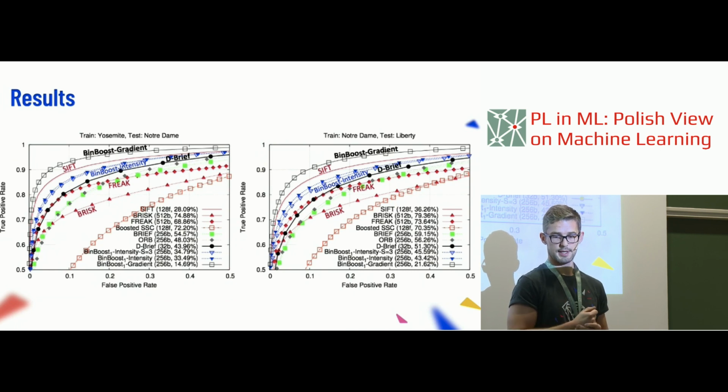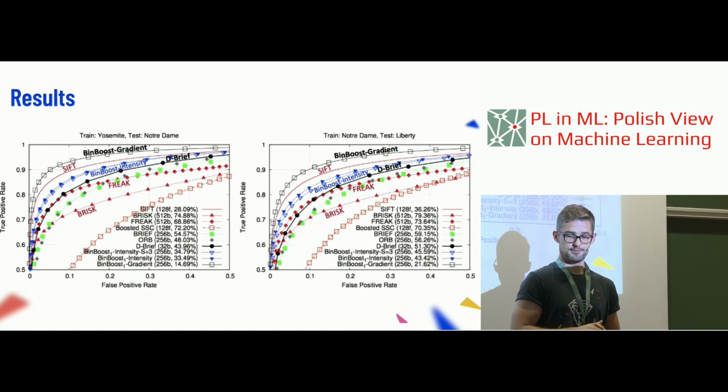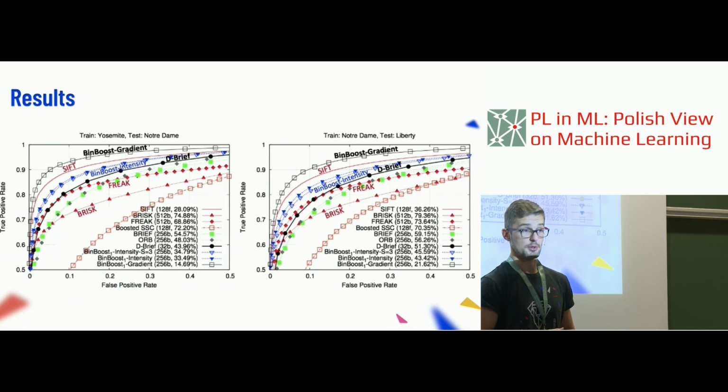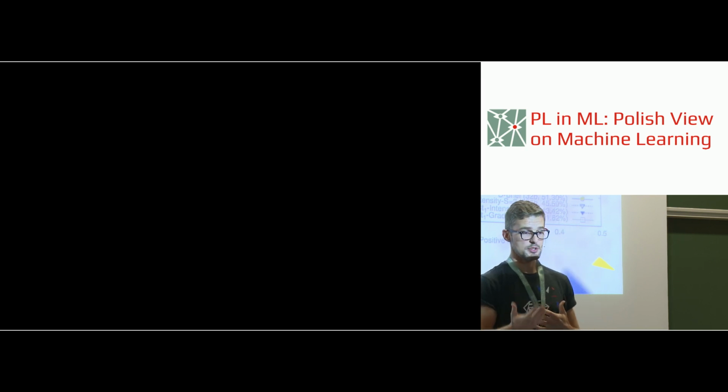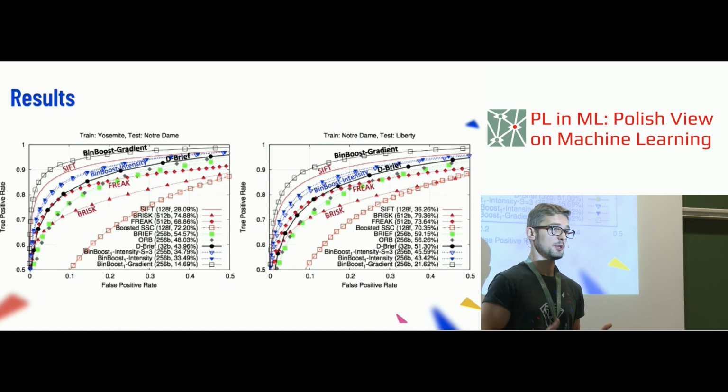The results allowed us to beat state of the art at that point. We were better than SIFT, which was and still is a gold standard for image descriptors in general. So we were at that point pretty happy.